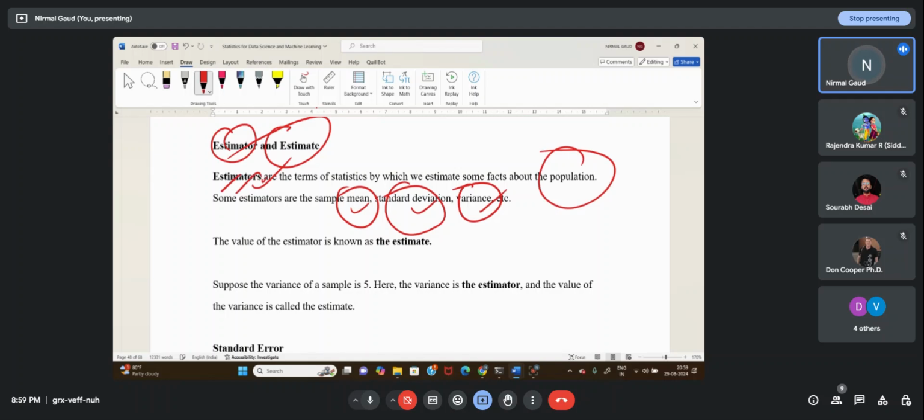So these are the estimators, some statistical concepts. So if you want to speak about data, use data terms. These are estimators, and whatever the value of the estimator is, it's called the estimate. For example, mean is 10, so the estimate is 10. Mean is the estimator and 10 is the estimate. Variance is 5, so variance is the estimator and 5 is the estimate.